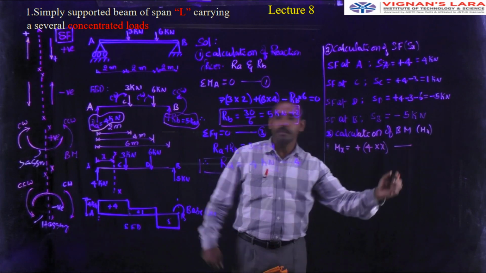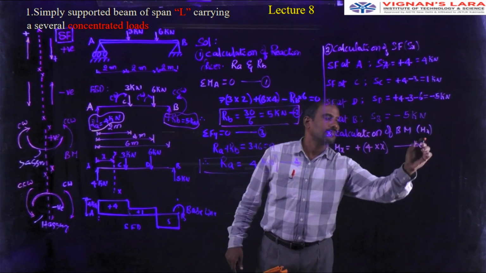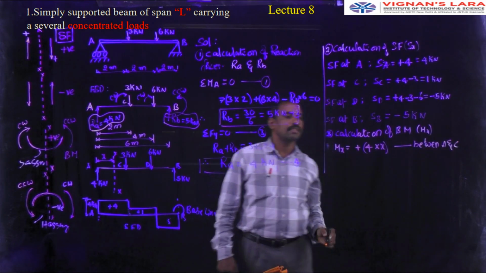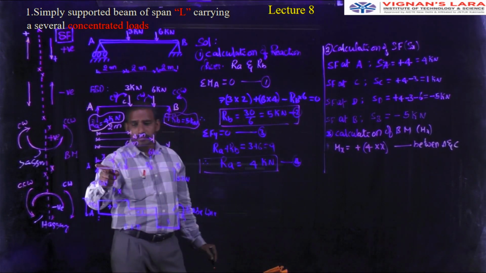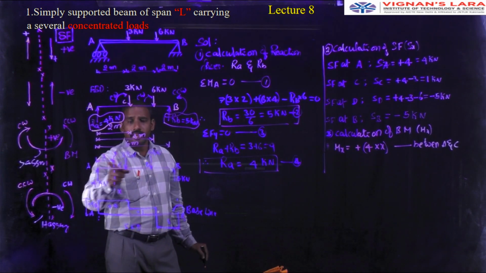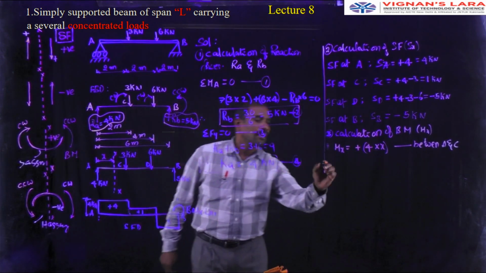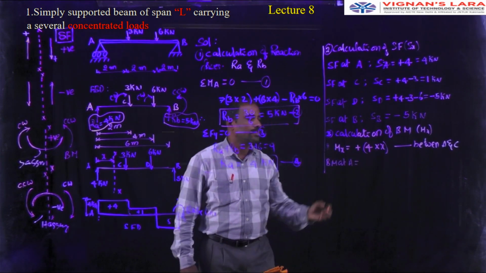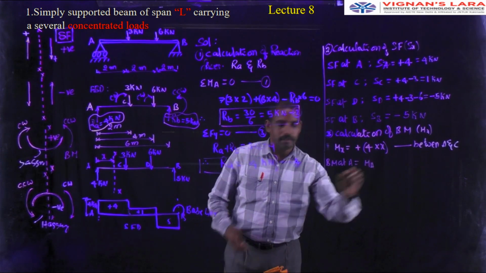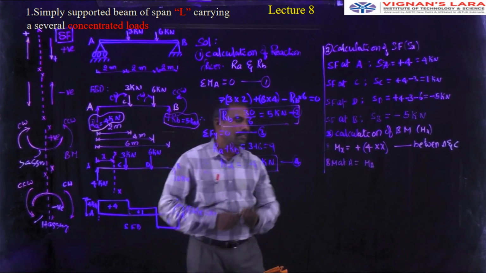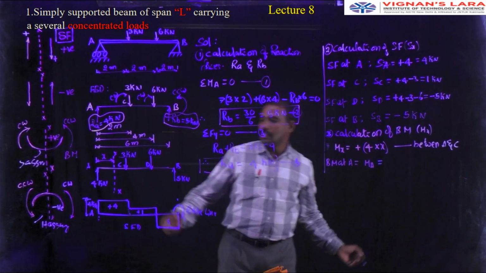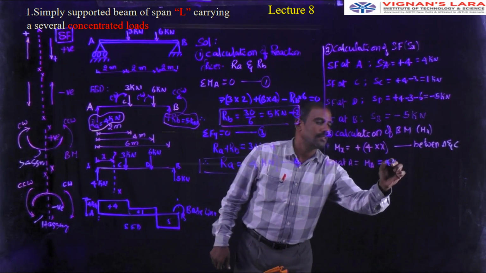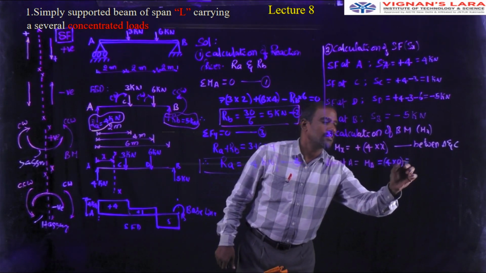So between A and C, then I can find out the moment at A as well as C. Therefore BM at A becomes MA. What about that value? What about the x value at A? That is 0, so MA is equal to 4 into 0, that is equal to 0.